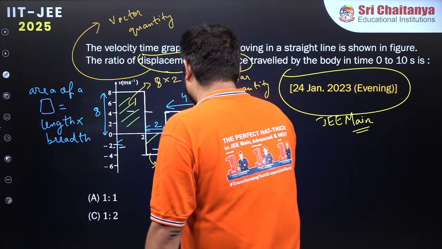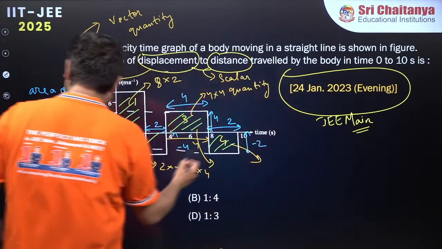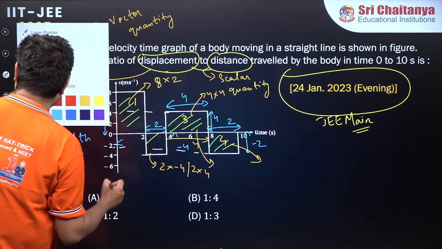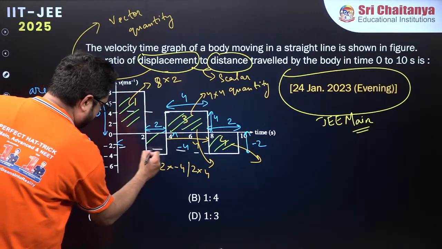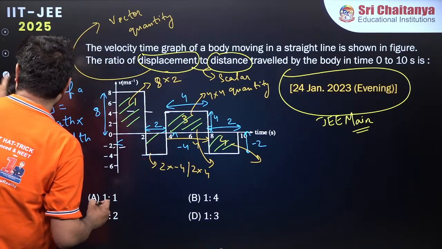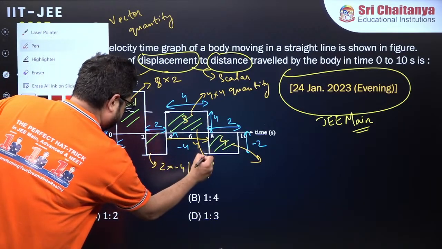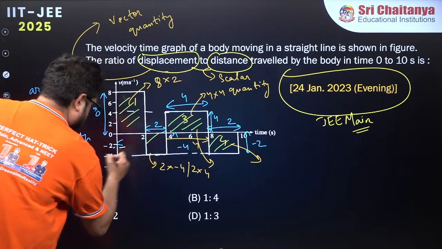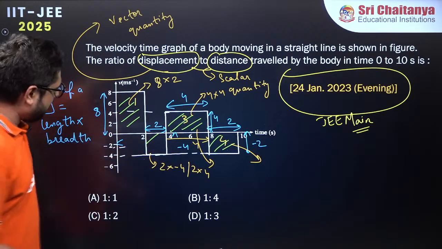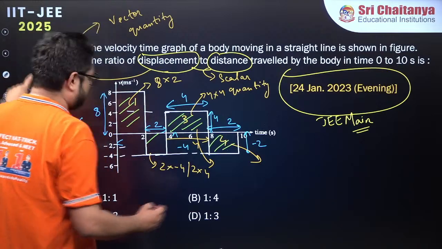And now over here, see the length of this particular rectangle. Till where is it extending? Pay attention, till where is it extending? It needs to be followed carefully. Same height, right? It's going to be minus 4 rather than minus 2.